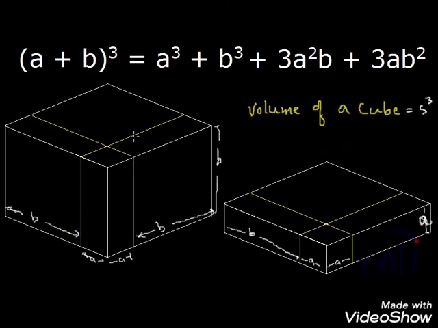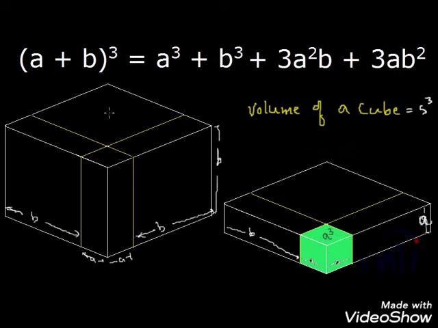And now again if I cut each of these cuboids along these lines, we are going to get few more cuboids. And now if we talk about their volumes, what will be the volume of this small cuboid, this one? Each edge of this cuboid is A, so its volume will be A cube, right?